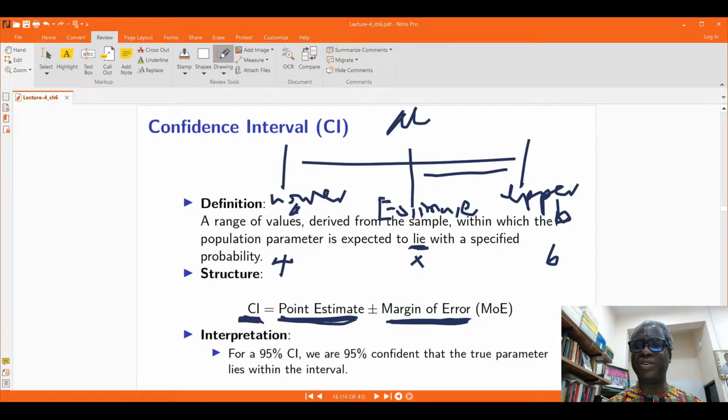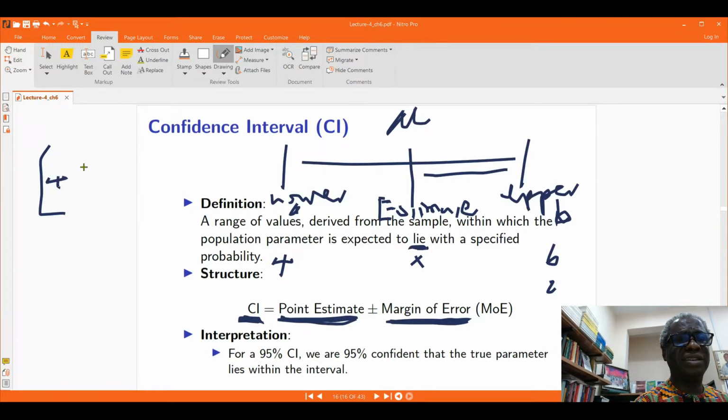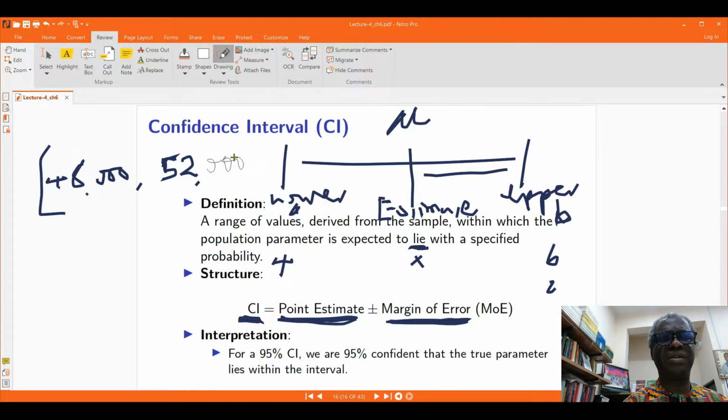For purpose of discussion, we are talking about the mean, and the lower limit is 48,000 and the upper limit is 52,000.